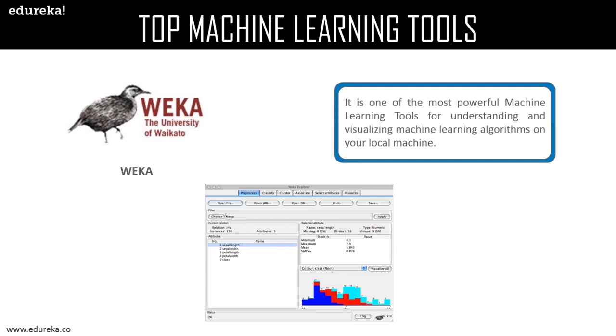Now, the only downside to this is that there is not much documentation or online support available. But all in all, it's a very good software and it's based on Java. It also provides predictive modeling and visualization, and it's an environment for comparing learning algorithms. And the graphical user interface includes data visualization as well.